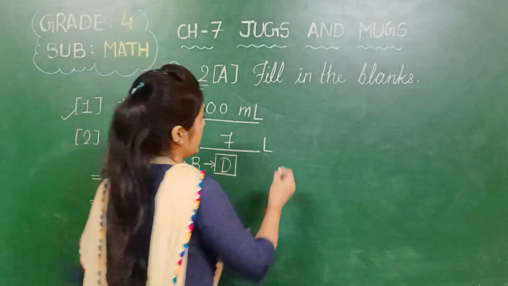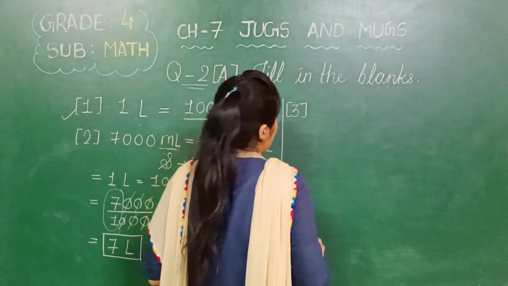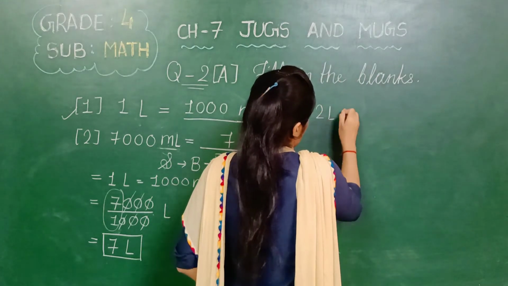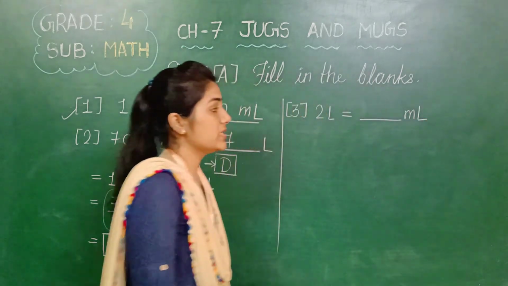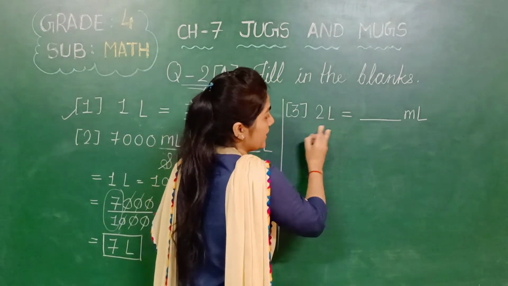Now number 3. Question number 3 is given: 2 liter is equal to blank milliliter. Now this method is totally opposite. Why? Because your question is given in liter unit.